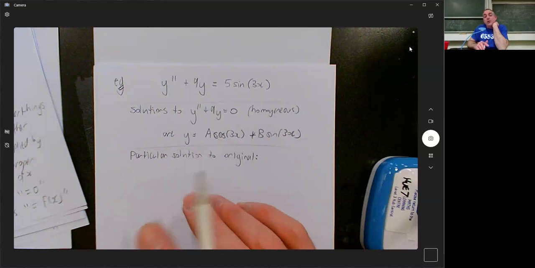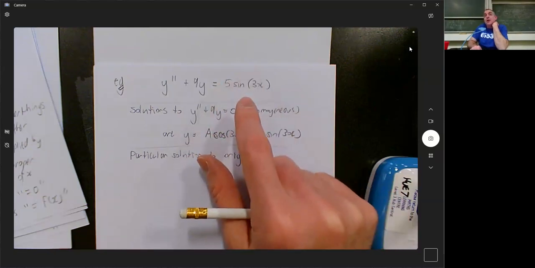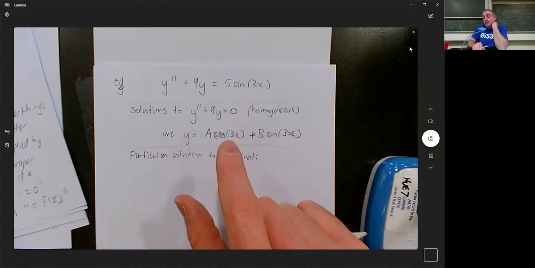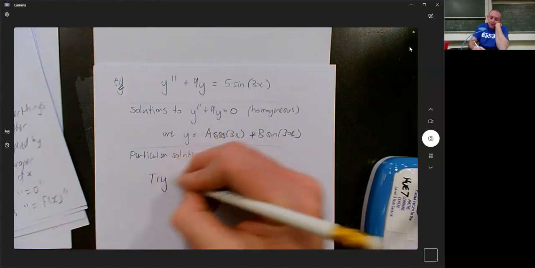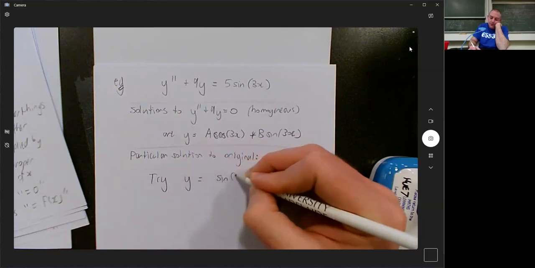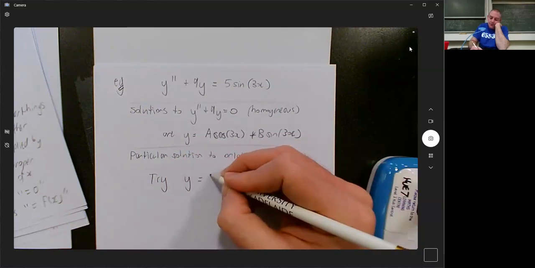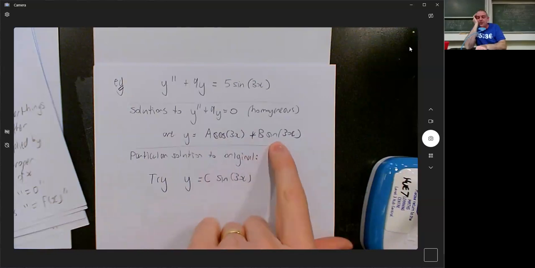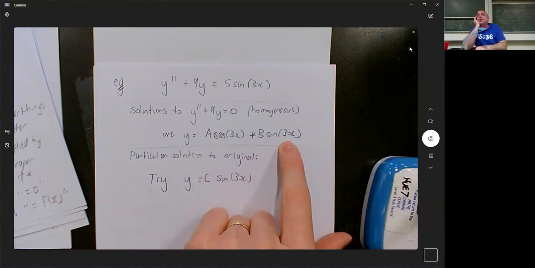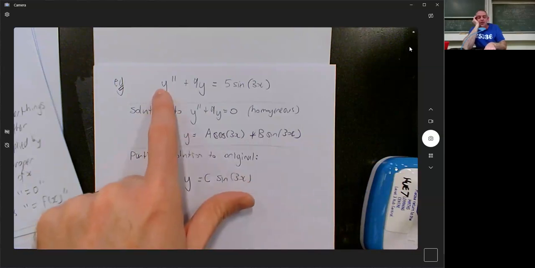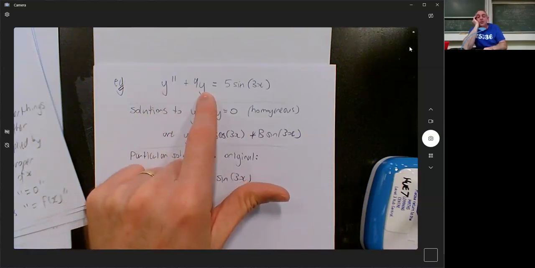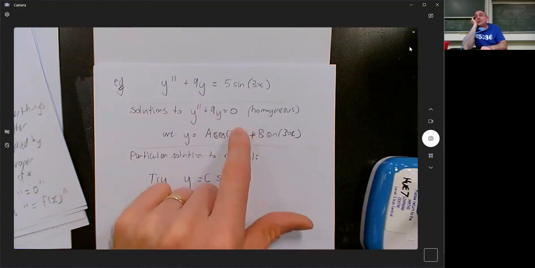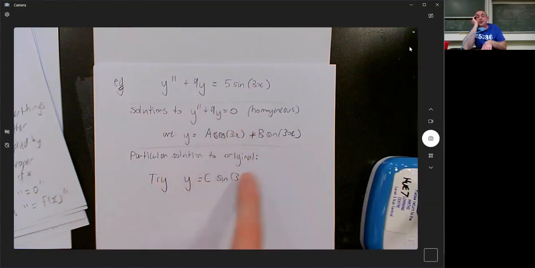And for the particular solution to the original, I would like to try something that looks like this, but with different coefficients, except I can't use sine of 3x because that's one of the homogeneous solutions. And if I run this through y double dash plus 9y, it will not come out to 5 sine of 3x. It'll come out to 0 because that's what the homogeneous solutions do. So I can't use this.